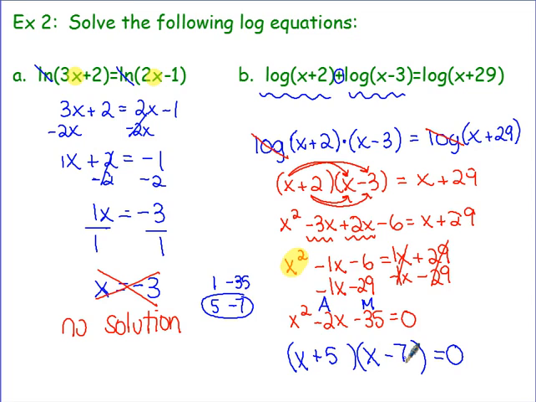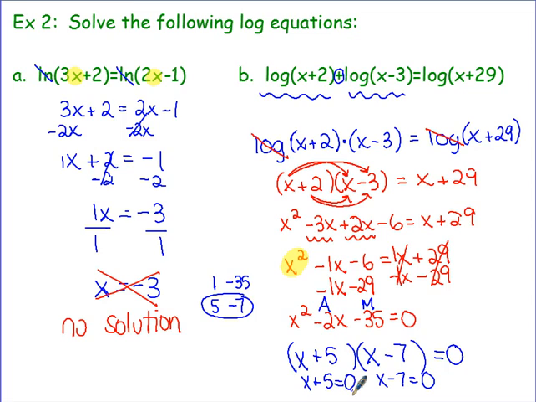Well, now we have to make two baby equations and solve them. So we have x plus 5 equals 0 and x minus 7 equals 0. And I'm running out of space. So here, you're going to add 5 to both sides.